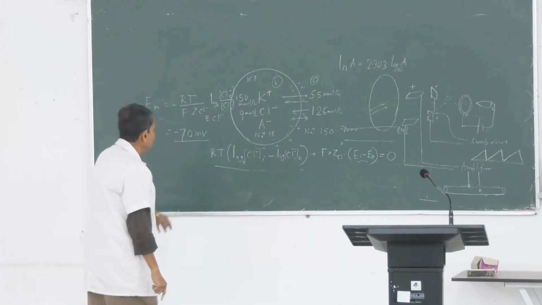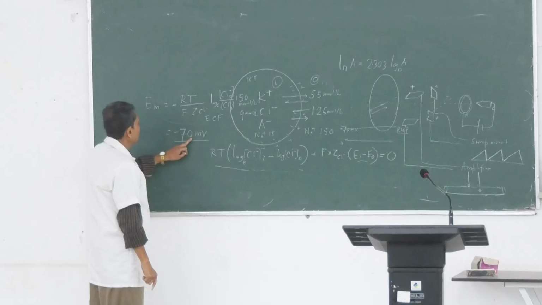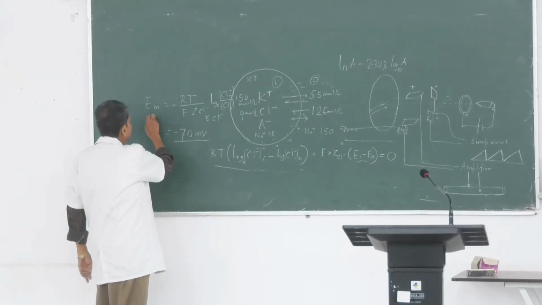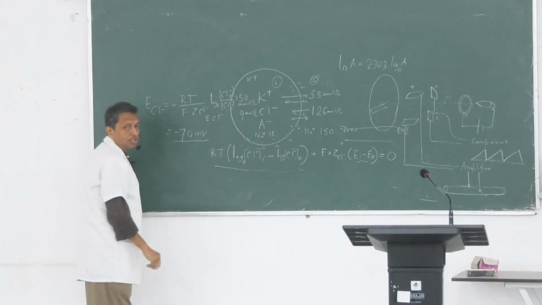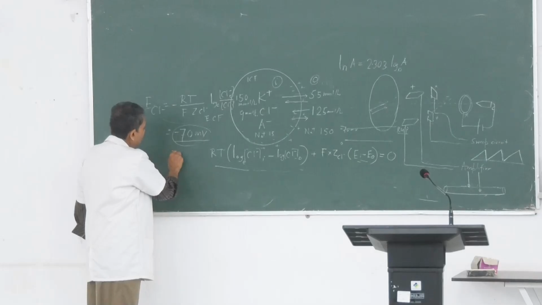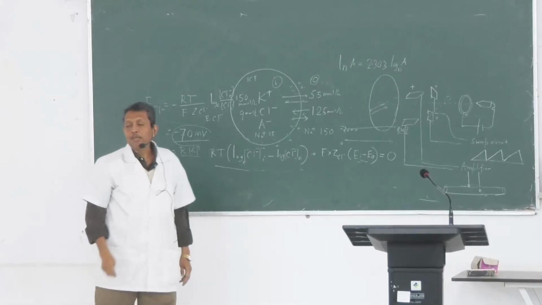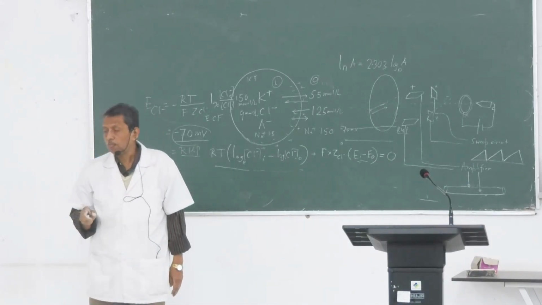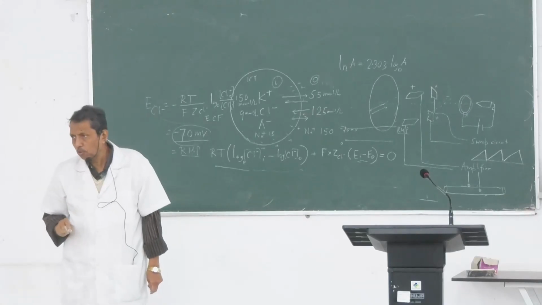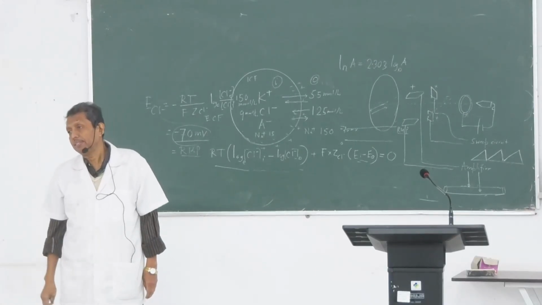Now we are considering this in the case of ECl, the equilibrium potential of chloride, and it is the same value. So it proves that the physical force, the process of diffusion, requires no cellular energy.